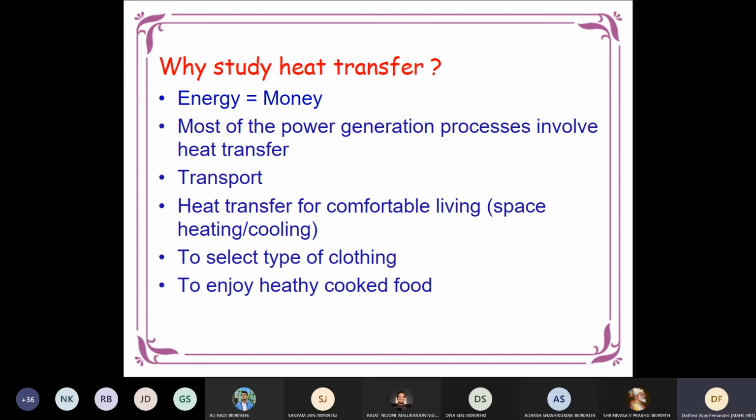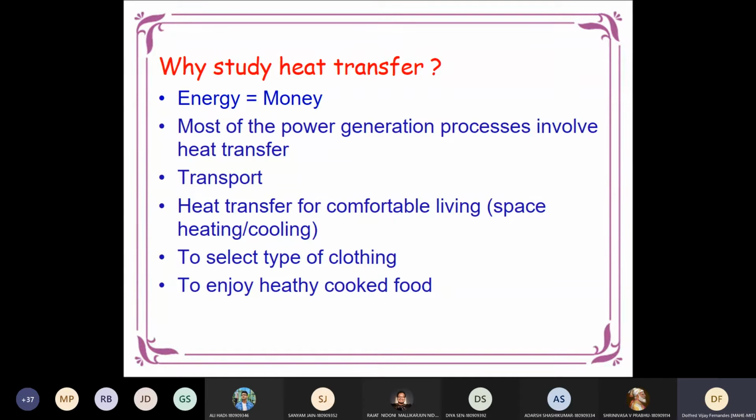By selecting proper materials for the walls, we can reduce the amount of heat conducted from outside into the room, and that will also help in the winter. In winter also, we don't want the heat energy to be lost to the outside environment.